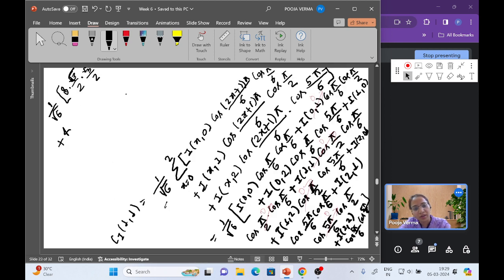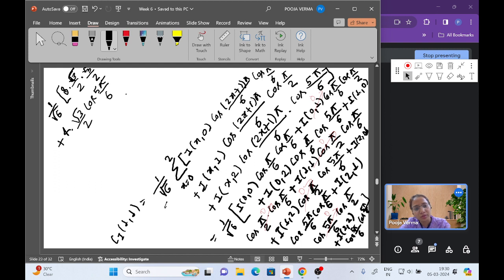So 4, and what is the value of cos pi by 6 and cos 5 pi by 6? Pi by 6 is root 3 by 2. Let it be cos 5 pi by 6. Okay, so we have calculated I 0 comma 2.